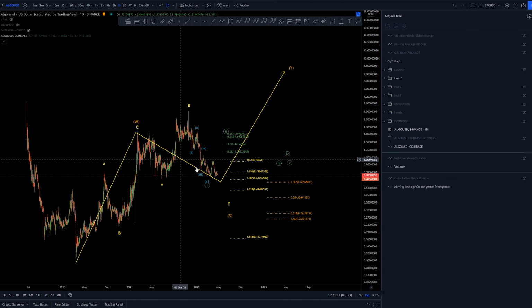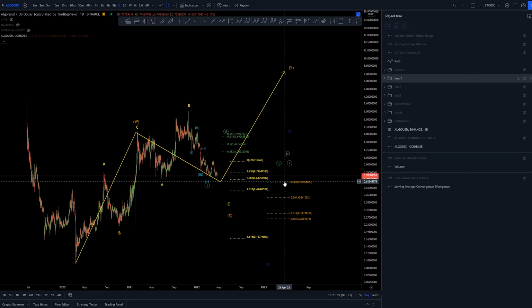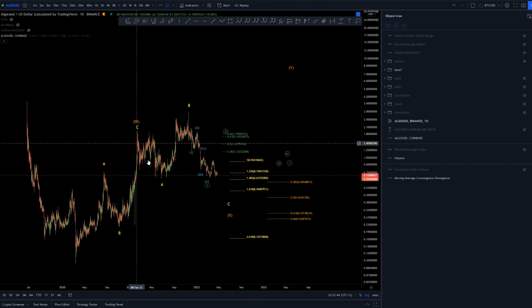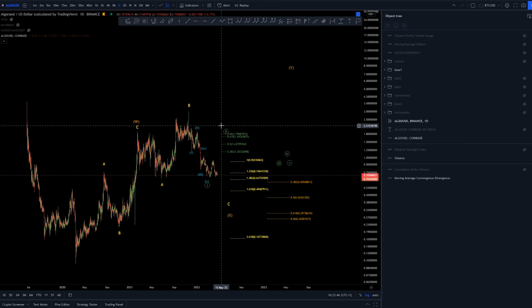It definitely can be this, but again, the 382 would be the least amount of target I would like to see for this correction to happen, to have more of that right look.